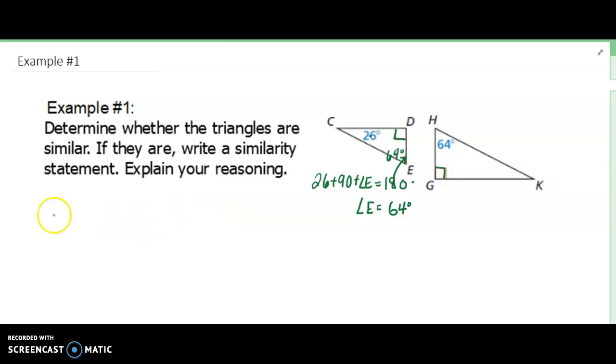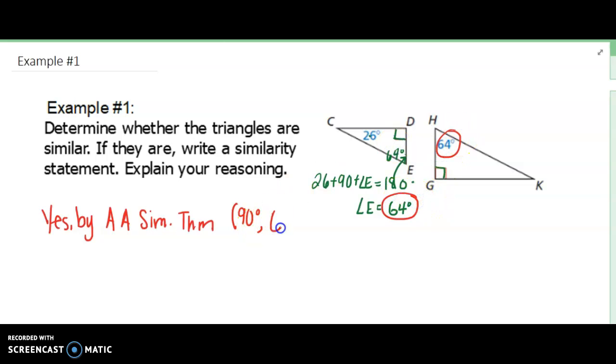So I can say, yes, they are similar. Yes, by the angle-angle similarity theorem. And when I say angle-angle, I know we have the two 90-degree angles, and then I know we have the two 64-degree angles.